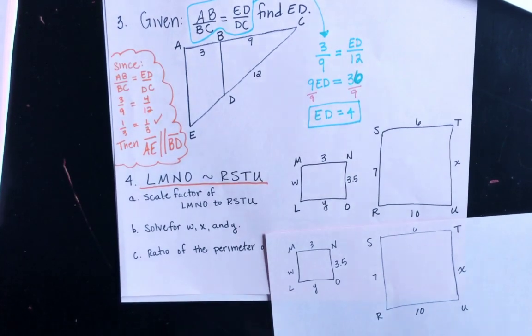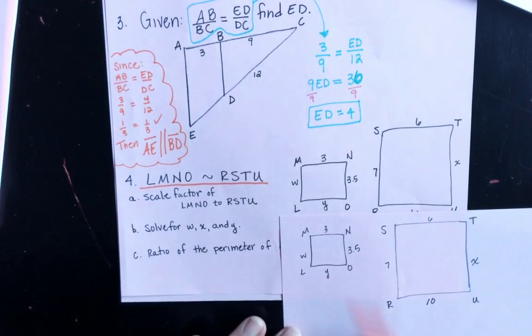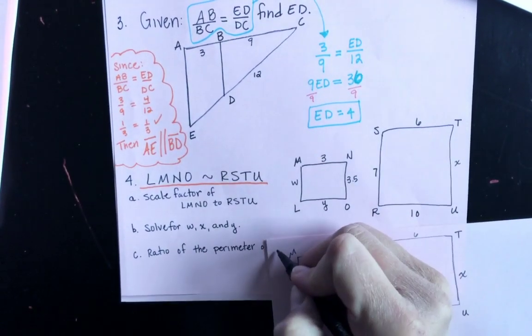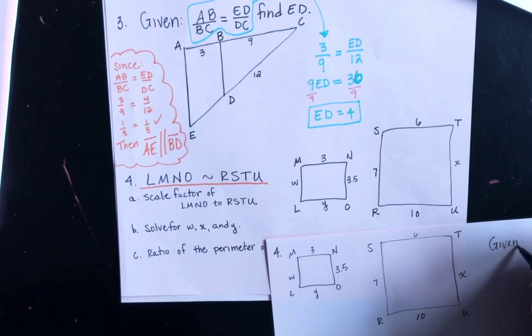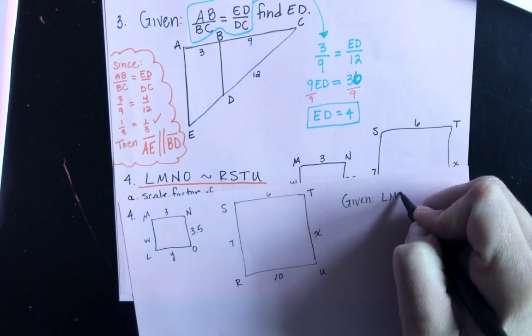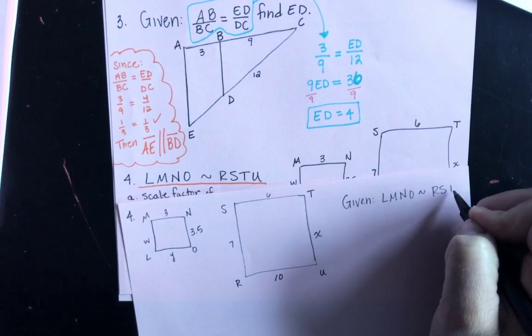All right. So the fact that our given statement in number 4, in our directions, tells us LMNO is similar to RSTU.